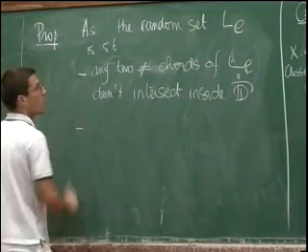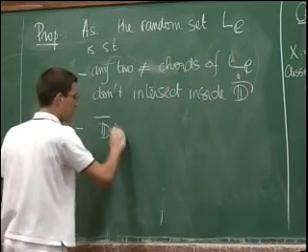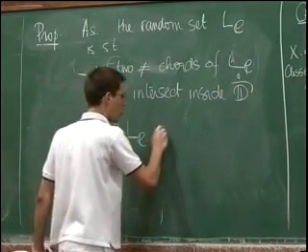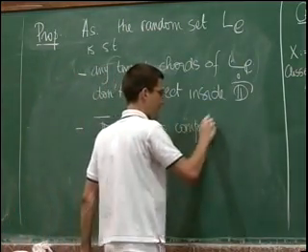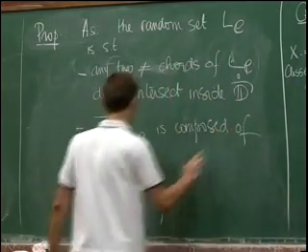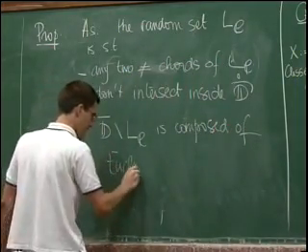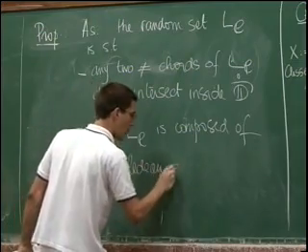And D bar minus LE is composed of Euclidean open triangles.